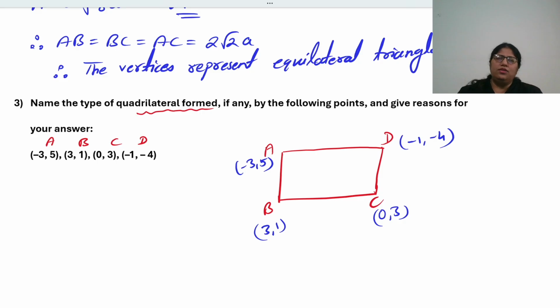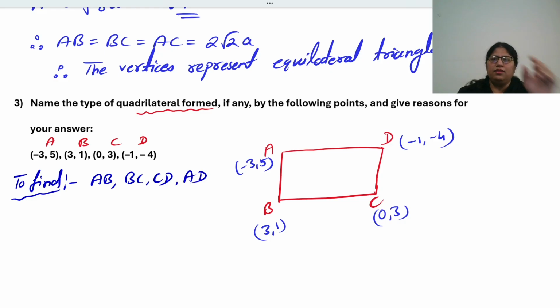Now that means I have to find out the length of four sides, which are AB, BC, CD and AD. That means the length of all the four sides of the quadrilateral. Other than that, to find out the type of quadrilateral, you will always find out the length of the diagonals as well. So what are the diagonals here? BD and AC, right?